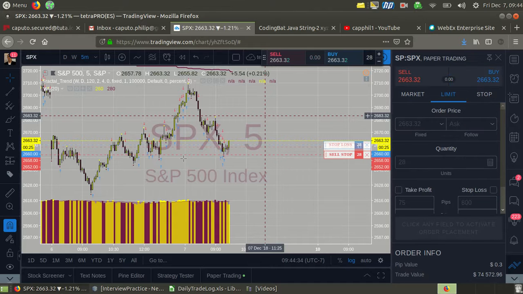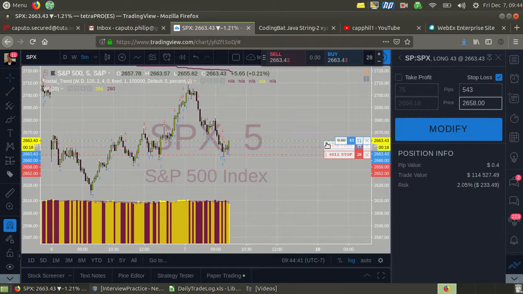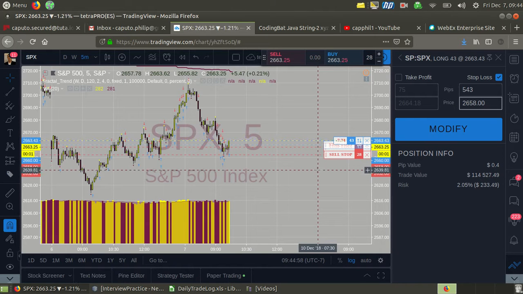Okay, we got triggered long, so our idea is to remove risk as fast as possible. So we need to take this stop loss for 43 shares that we have. What's our risk on the table? 2%, which is $233 of our account. And when we get to $50 or $100 profit, we want to move this risk off the table.